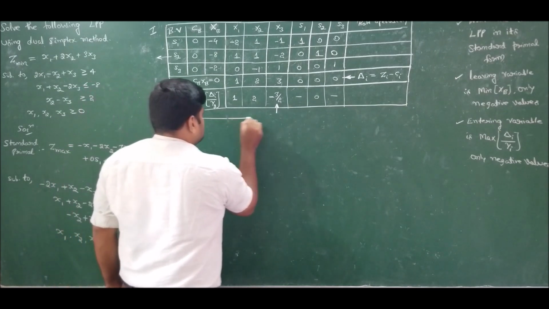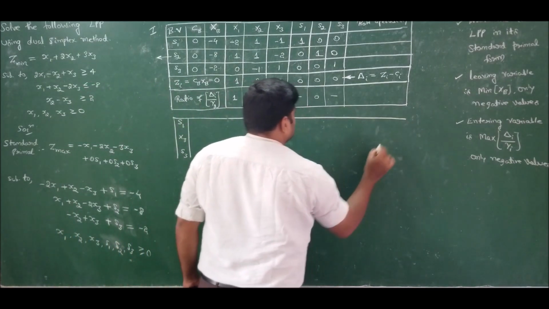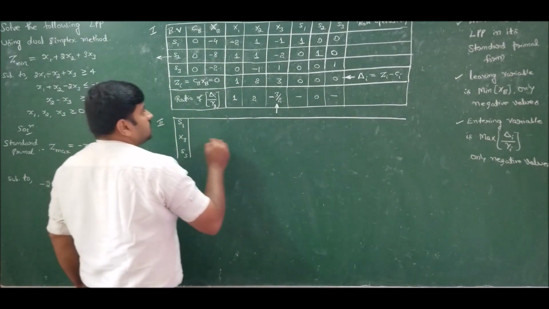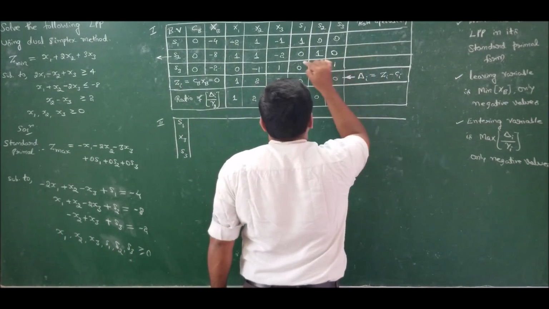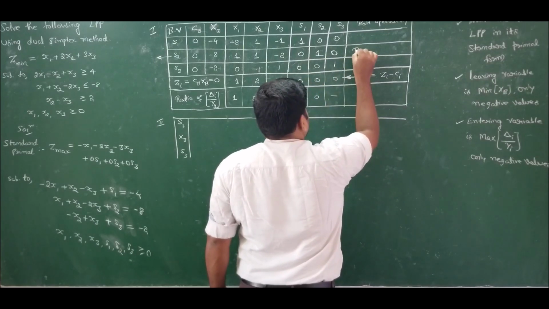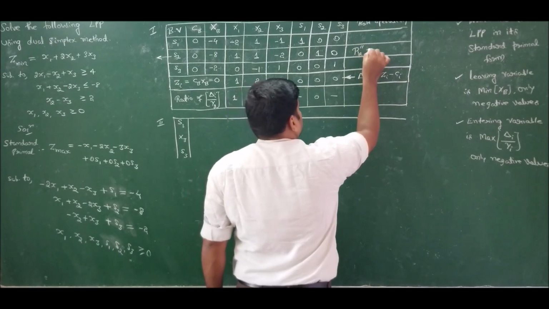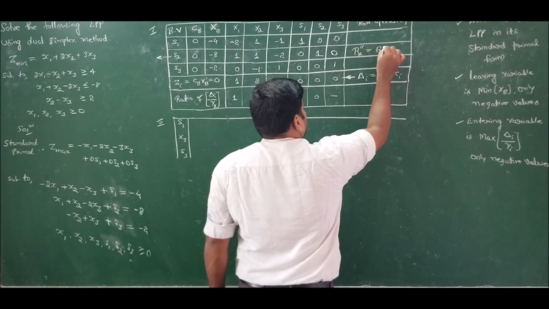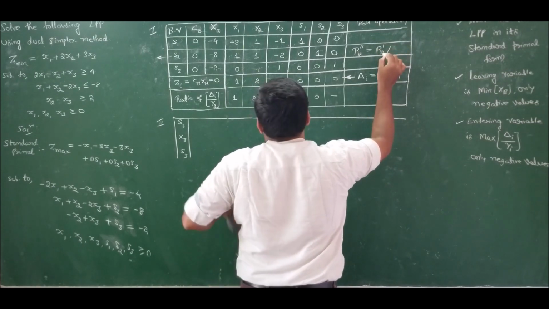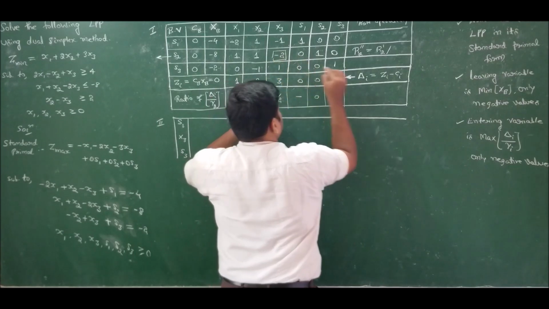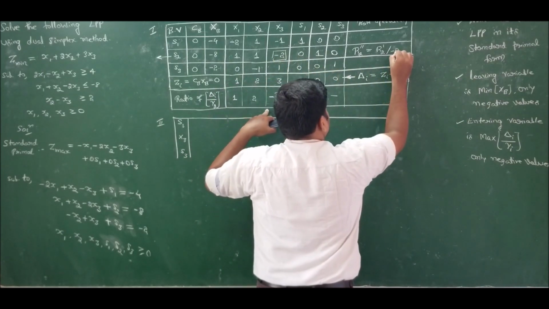So next is step 2. So this is step 2. Now this is the key row. So therefore R2 of step 2 will be R2 of step 1 divided by the key element, which is -2.